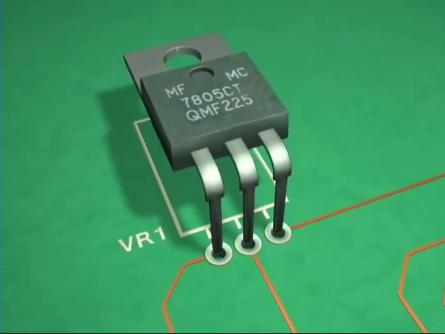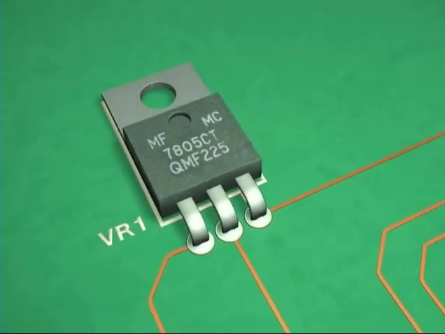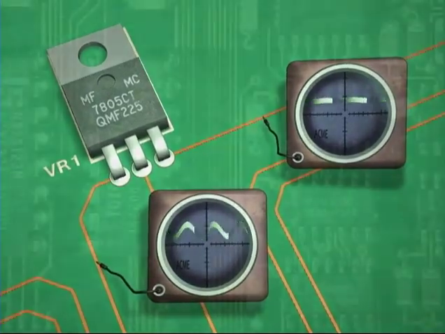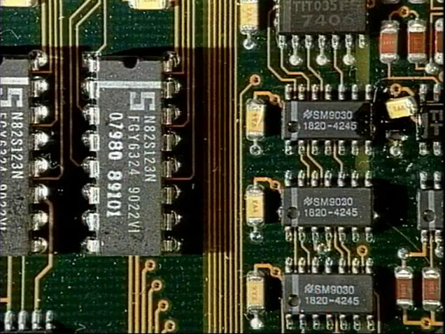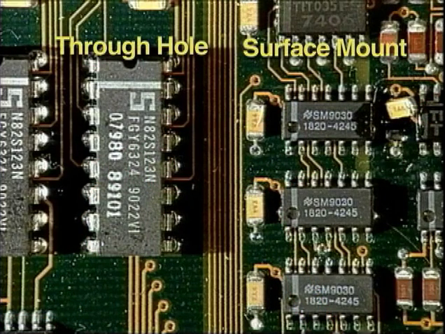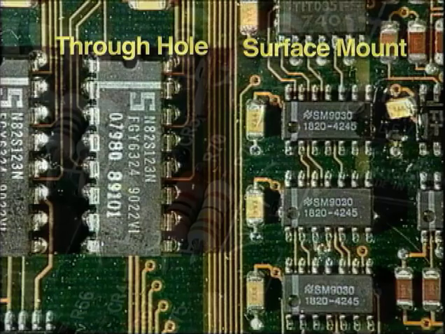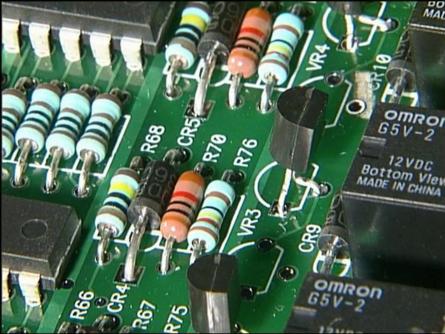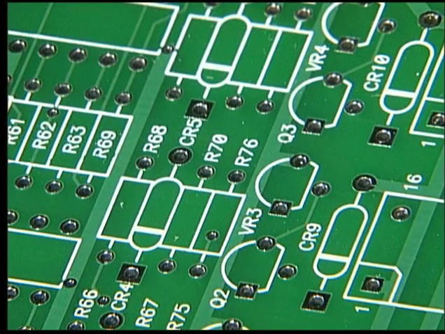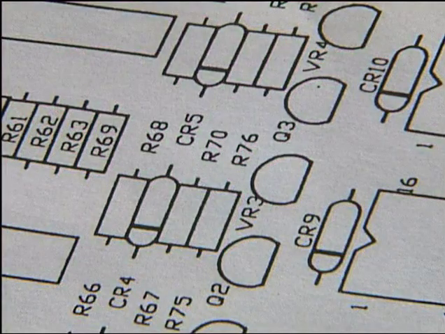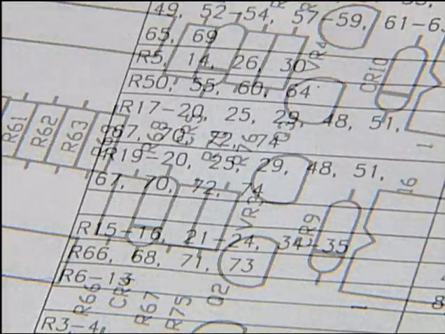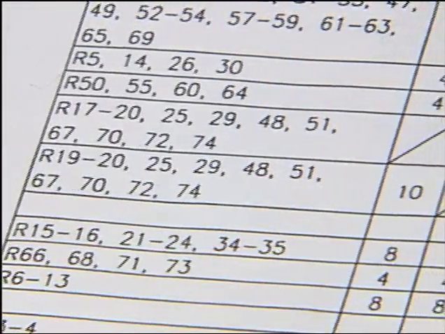This program has presented many of the most important details of component identification. First, you were introduced to through-hole components and surface mount components, and took a look at the relationship between the component, the circuit board, the assembly drawing and bill of materials, and component reference designators.